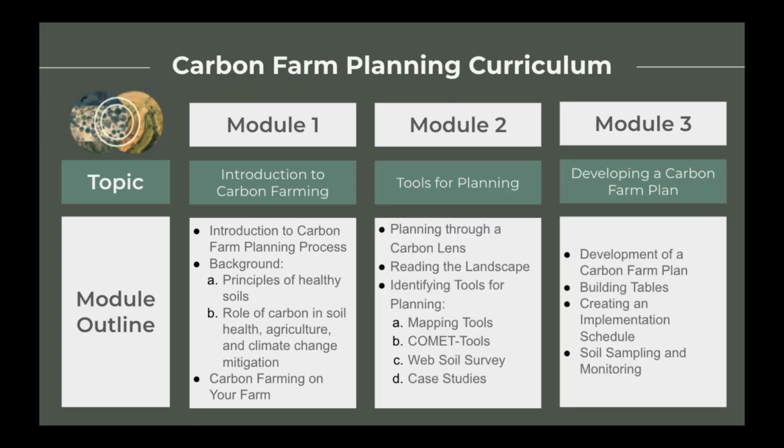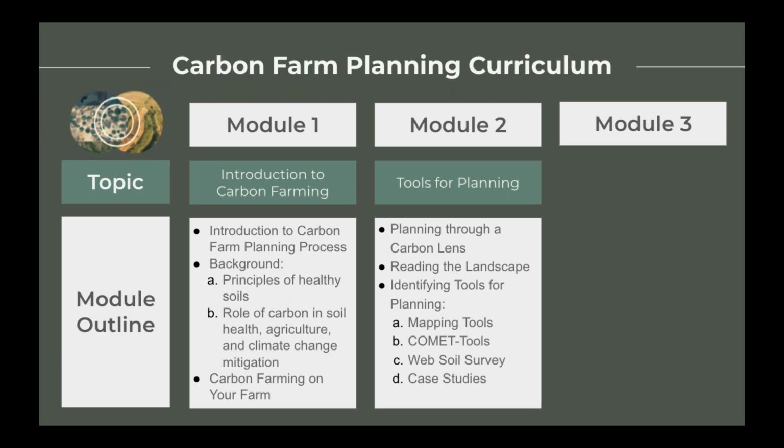Module 2 explores the tools available to facilitate the planning process, including mapping tools to complement field visits on how to read the landscape and plan through a carbon lens, in addition to providing several examples of existing carbon farm plans developed by CCI, Carbon Cycle Institute, and Conservation District.